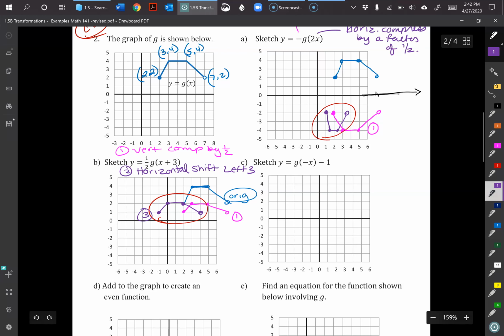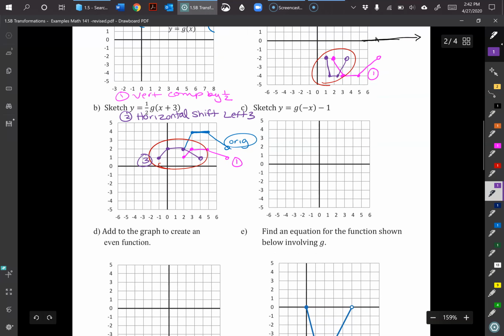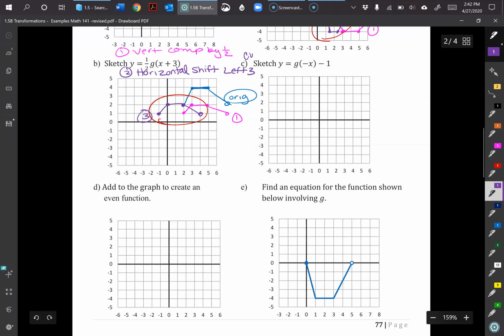Okay, so I hope you're getting the idea. Again, just do the rest of these for classwork. Actually, I'll go through these two on a separate video just because they're kind of puzzly.